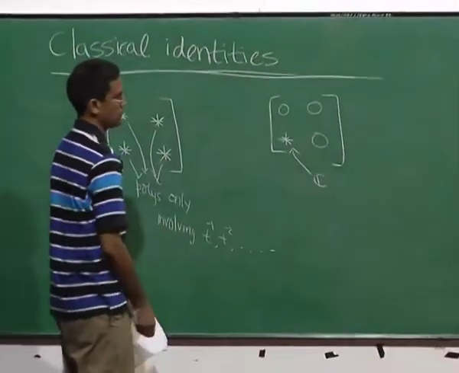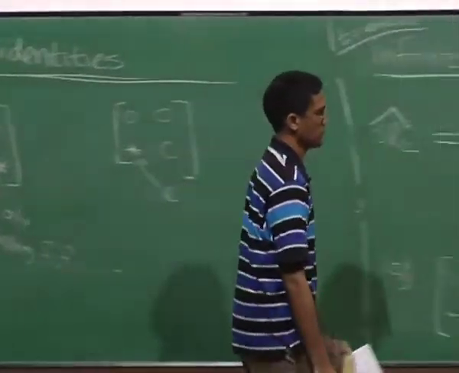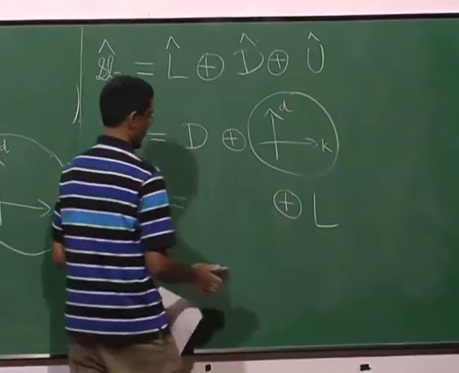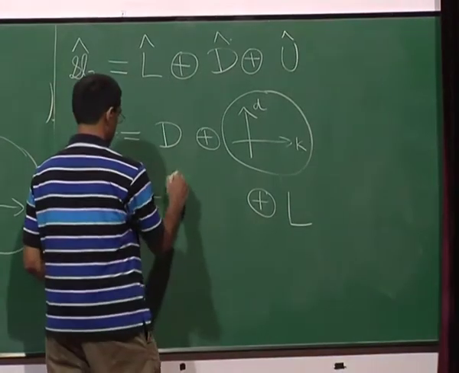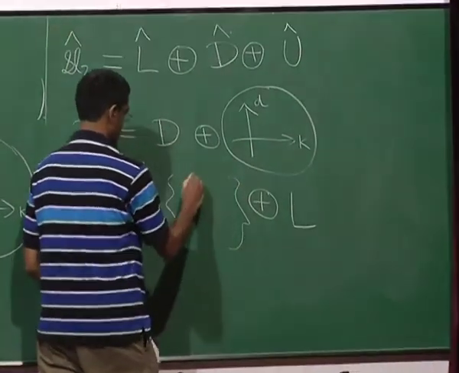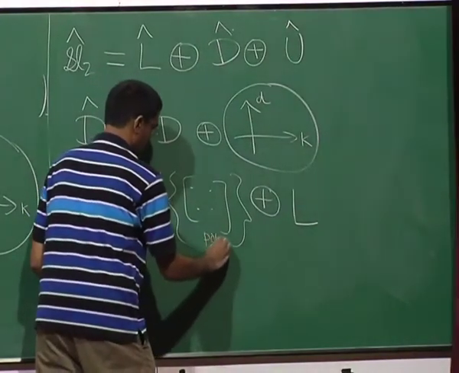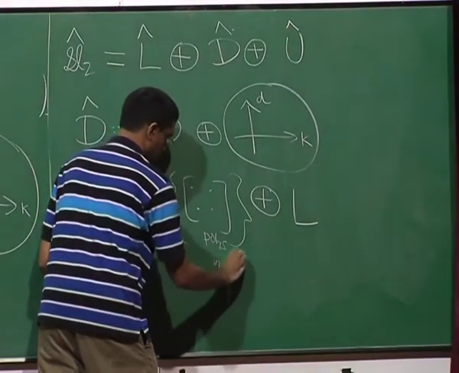Together they constitute the space L hat, and so I should say, polynomials only in T inverse without constant term.